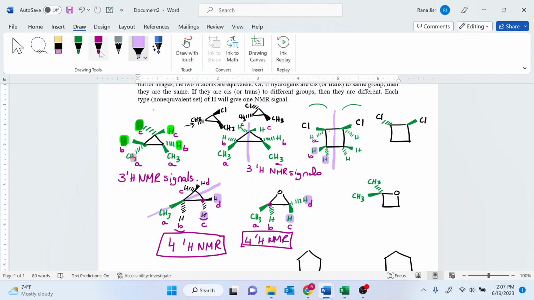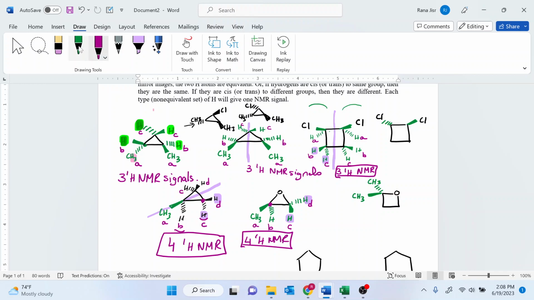If they are cis or trans to different groups, then they are different. So here I do have 3 sets of hydrogens. And of course, their mirror image is going to be hydrogen C, hydrogen B, and this is going to be hydrogen A. So I'm going to end up having 3 proton NMR signals for this structure.